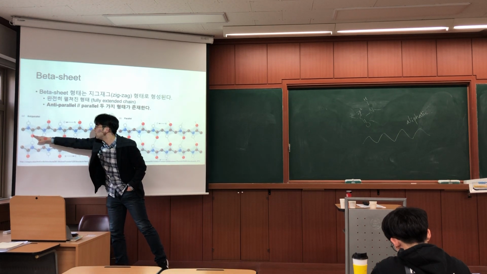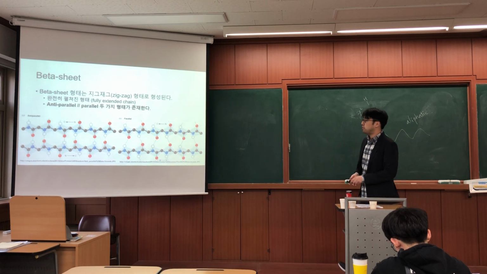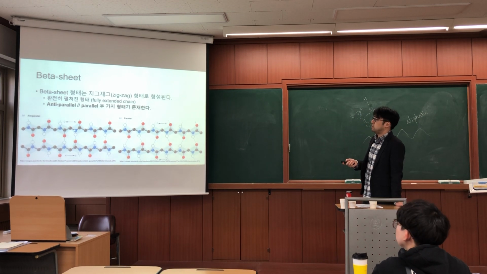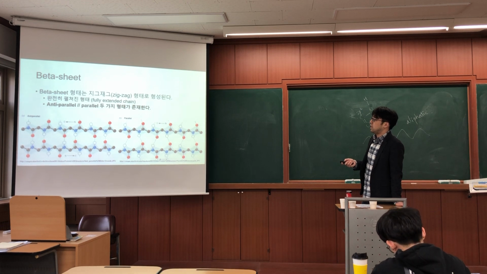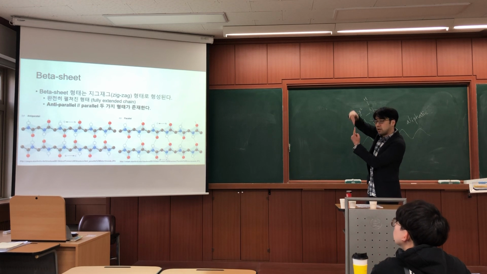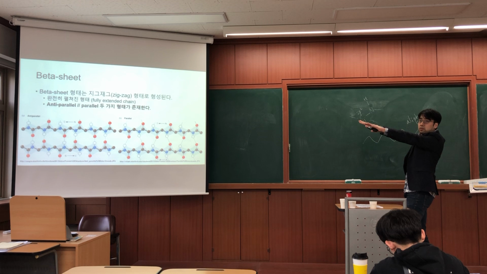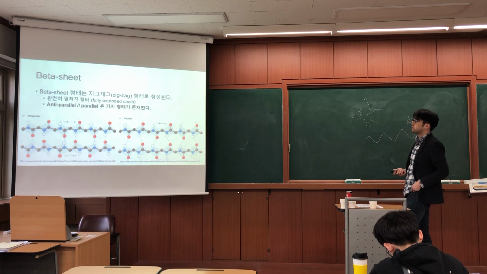For example, here the red one is oxygen, the white one is hydrogen, and generally the blue one is nitrogen. Hydrogen becomes positive and oxygen is negative, so they form a very strong hydrogen bond. That's why beta sheet structures are also preferred.